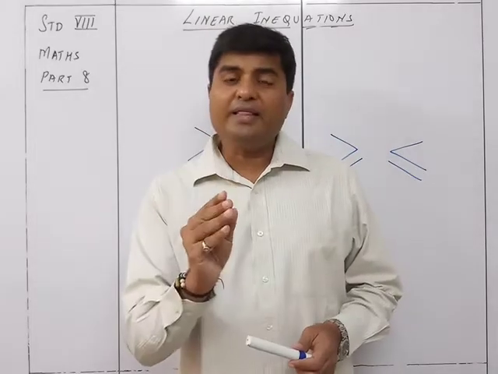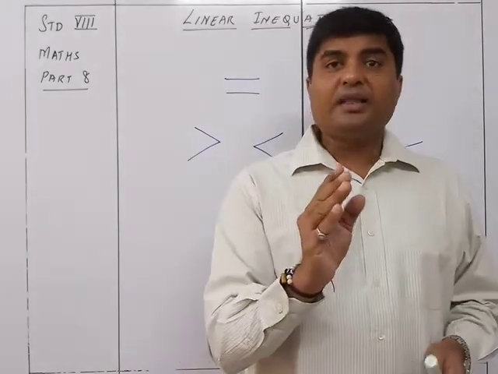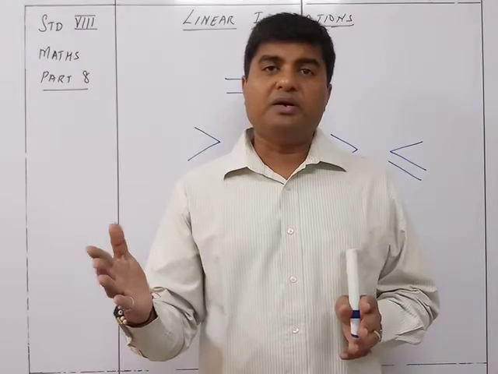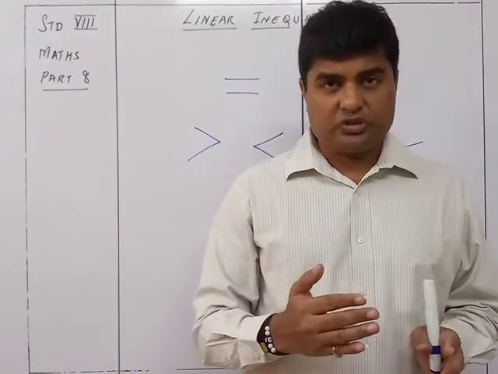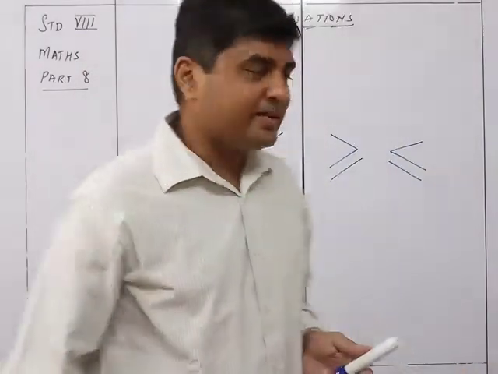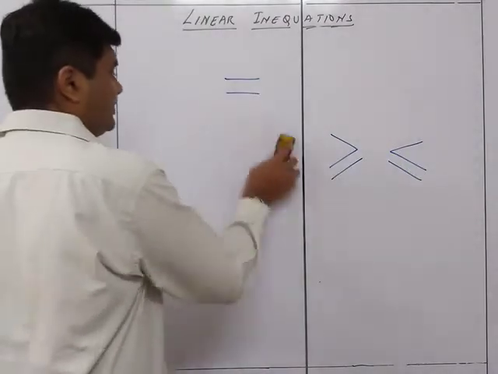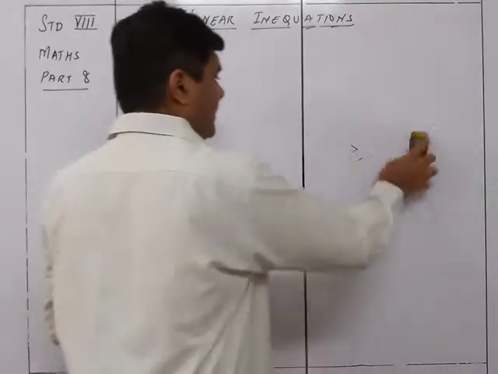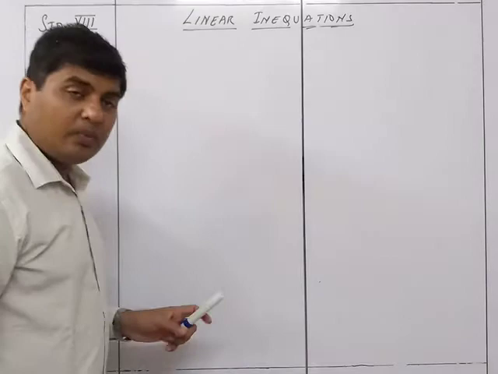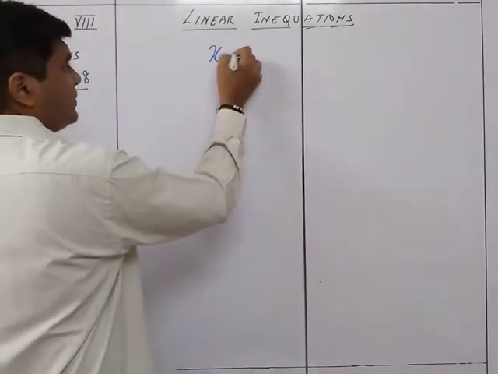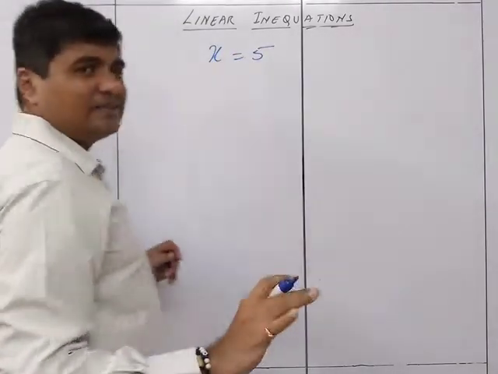So the main thing is to identify which set of the numbers are the answer to the question. Let's take some example over here so that I understand it more easily. Like for example, if I have got an equation which is x is equal to 5, I get one answer.